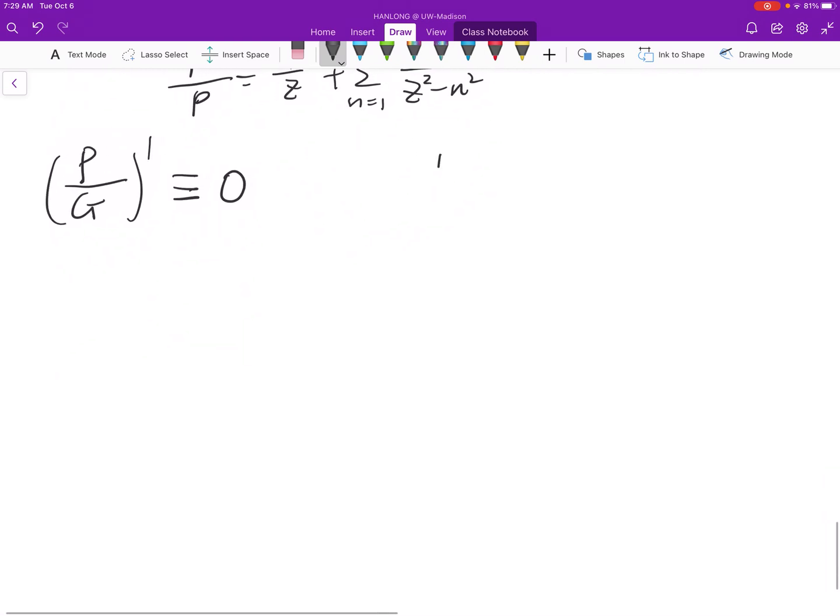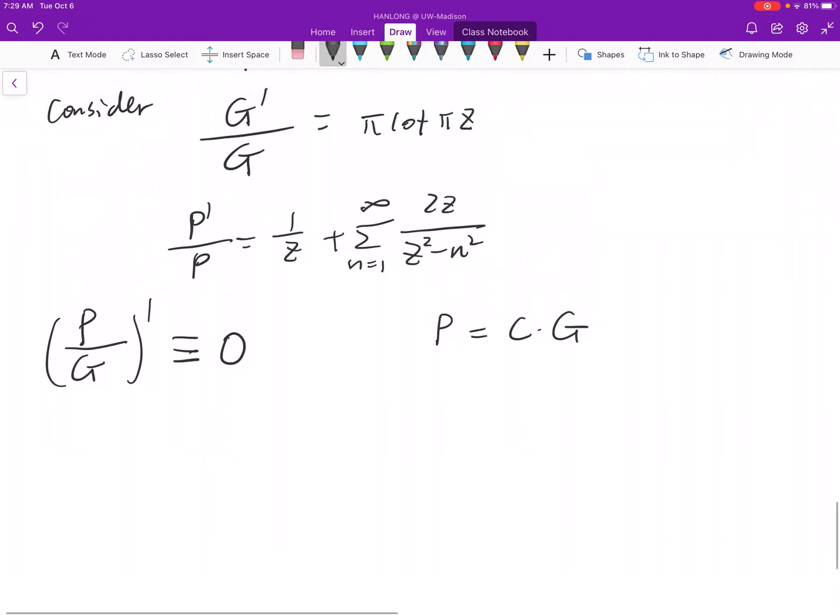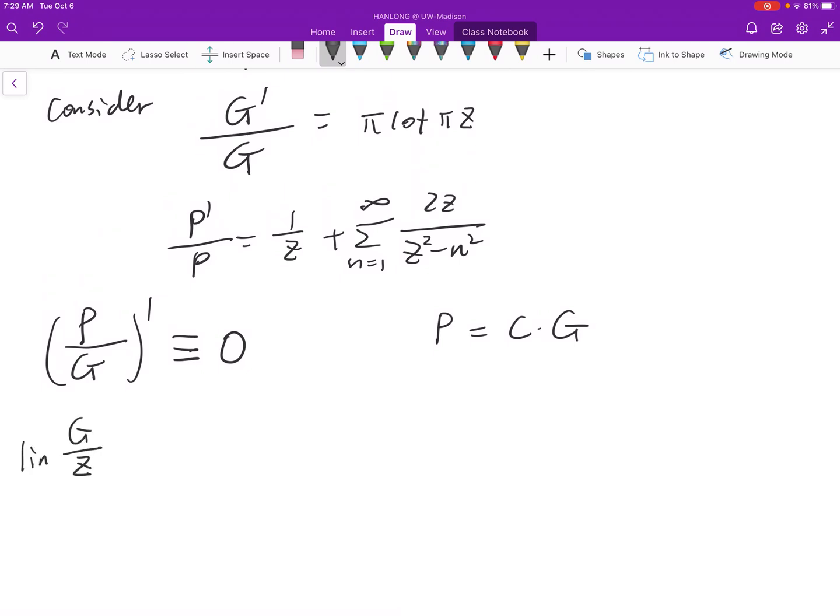Therefore p is a constant times g. If you consider g divided by z and take the limit, or you just consider the residue at 0, this equals the limit of p over z when z goes to 0.